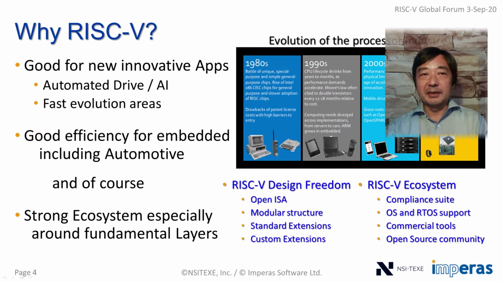Second, same as other embedded systems, it requires very efficient implementation under limited power or thermal conditions and sometimes cost. Finally, as you know, the ecosystem is quite important to support complex and high quality system development within limited design time.